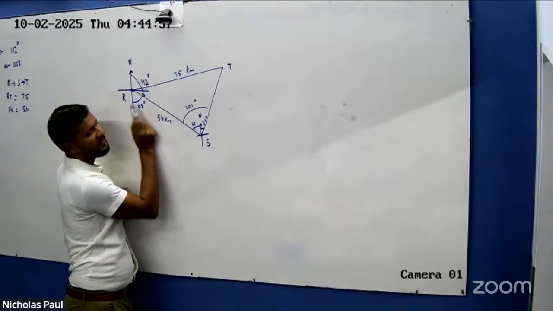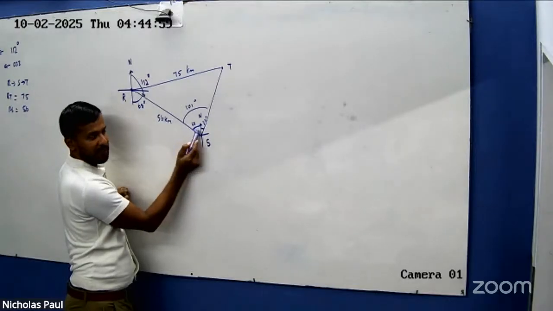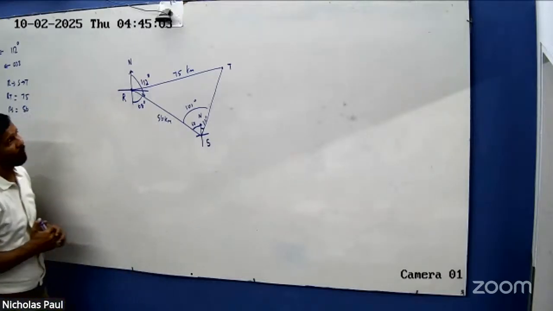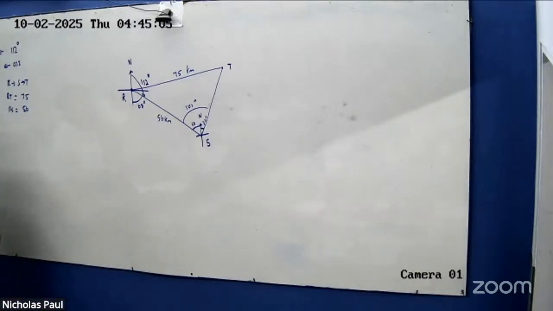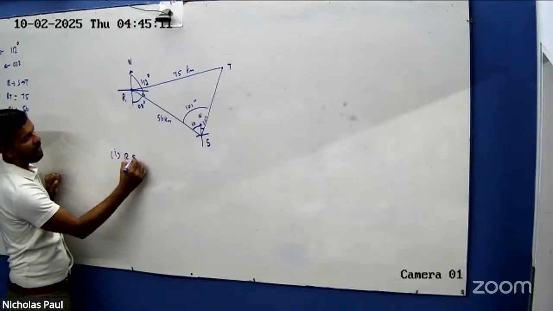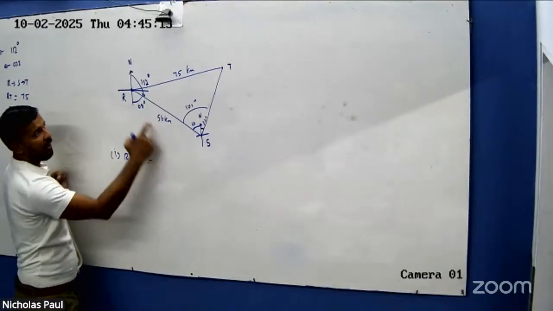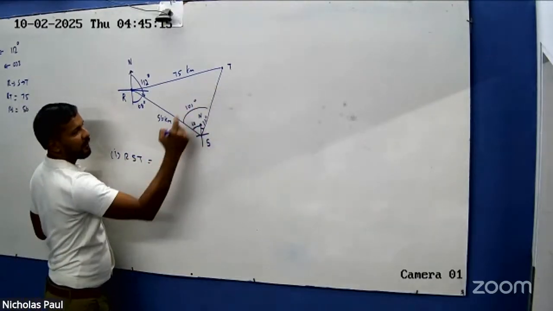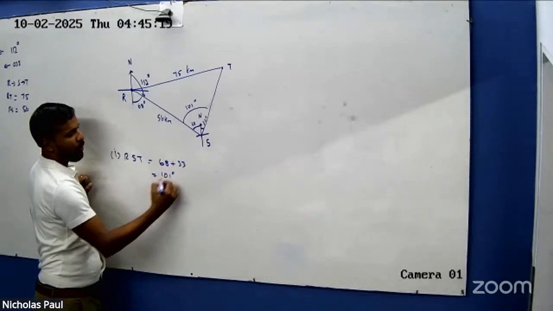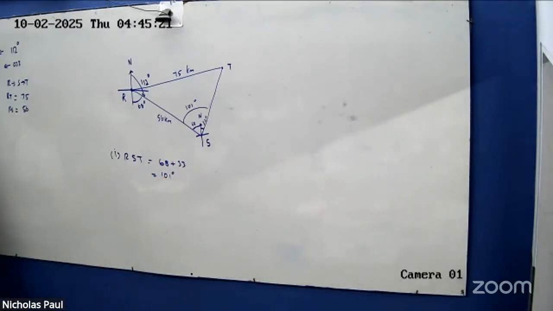If here is 68, here is also 68. Add it up, you get 101. You okay with that? Yeah. So the first part of the question, they asked us to find RST. So RST is 68 plus 33, which is 101. Everybody okay with that? Jamal?